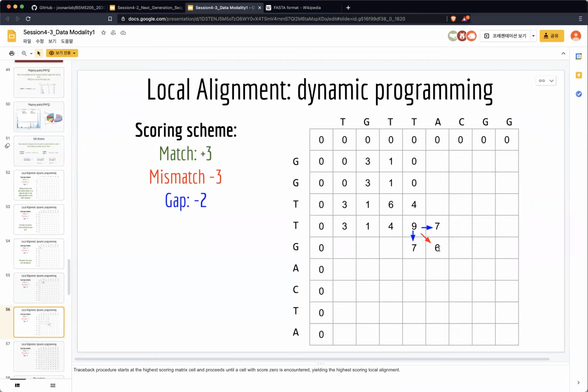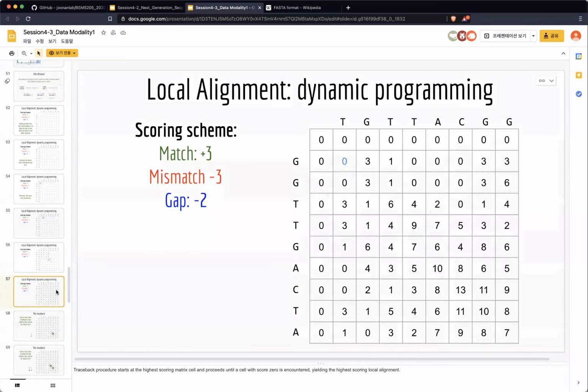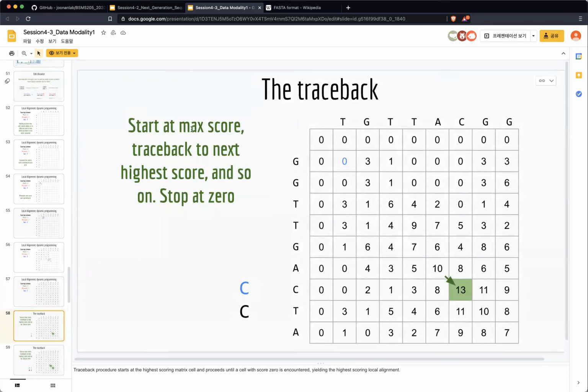So you can put -3. So yeah, it's going to be 6, right? Then you can fill out all of this calculation to the end. Then once it's done, you pick up the max score out of this matrix. So that has to be 13, right?